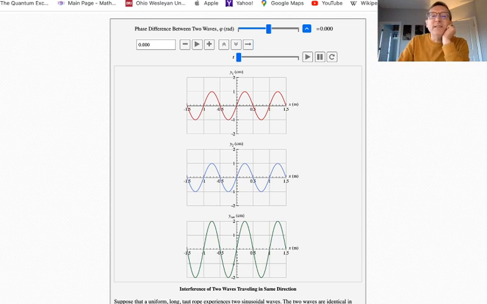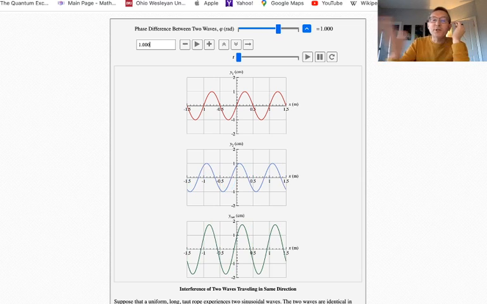But if I have a phase difference phi that's not 0, like 1 radian, then the blue curve has been shifted to the left by some amount relative to the red one. And those are the two distinct waves that we're putting on the same string at the same time. The question is, what will we actually see on the string? That's what we're calculating here.